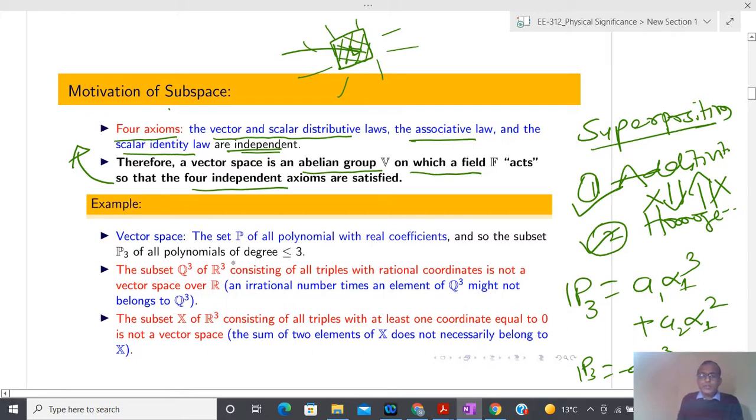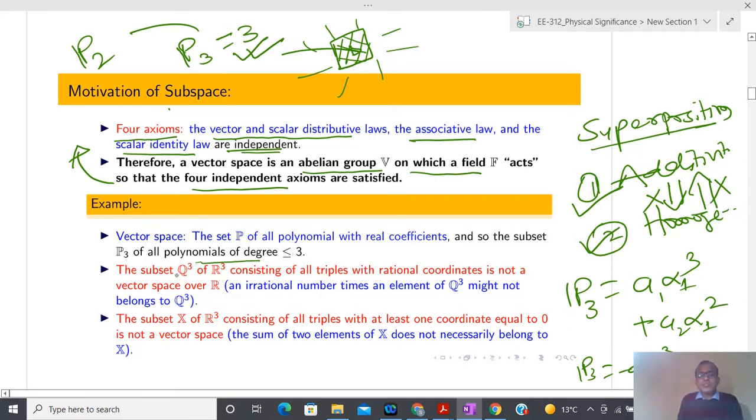So if you are talking about polynomials whose degree is strictly 3, that will not form a vector space, because after addition we come to a different space, that is P2. Due to that reason I cannot guarantee that we are going to live in the same space. But if I put less than or equal to 3, it means that all polynomials of degree 3, 2, 1, 0, everything is included.